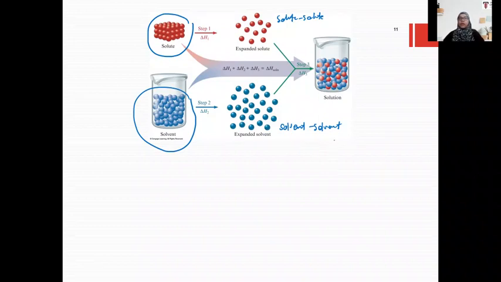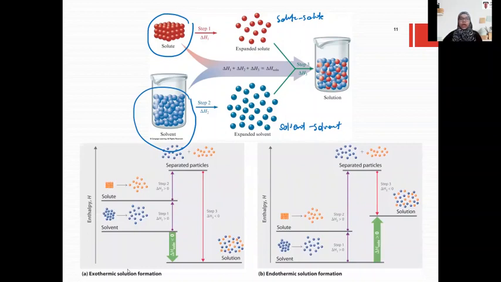The enthalpy also relates to endothermic and exothermic processes. If you look at figure A, we can see that the delta H of forming the solution is lower than the sum of delta H1 and delta H2, which gives an exothermic solution.